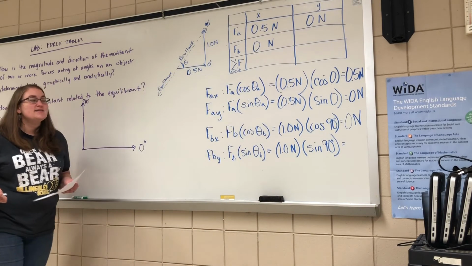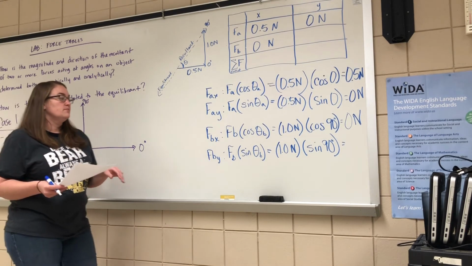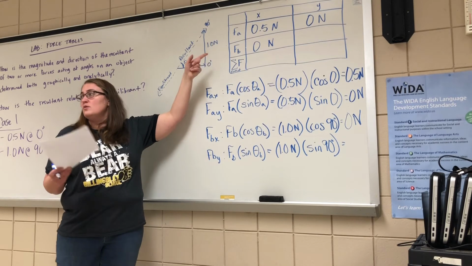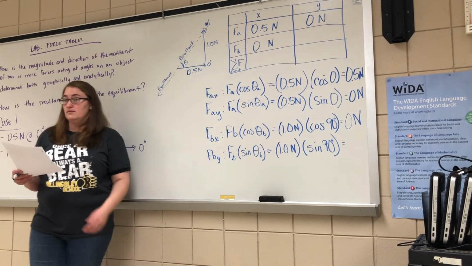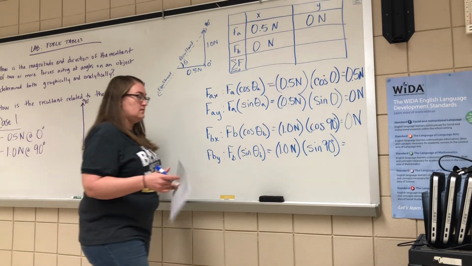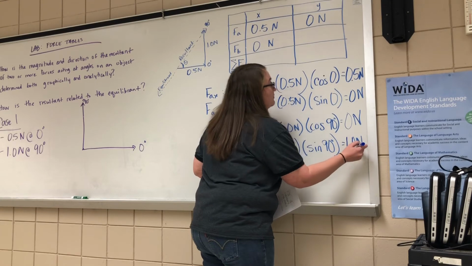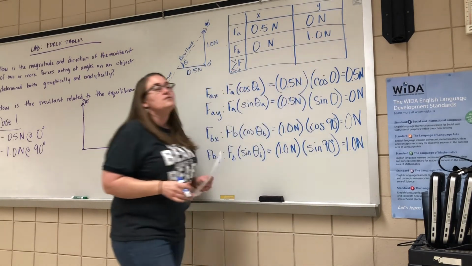Now, what do you expect it to be? What do we expect our vertical force to be? 1. Is that what we get? Yes. And we get 1 newton. Okay, so our Y value here is 1 newton.